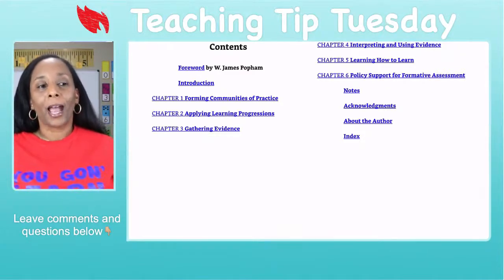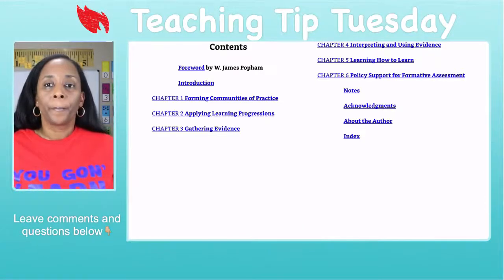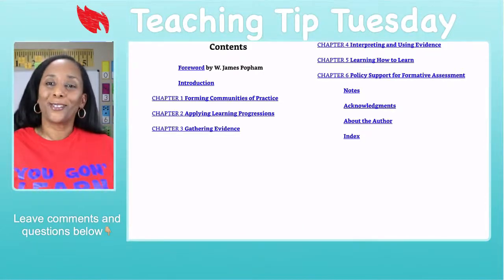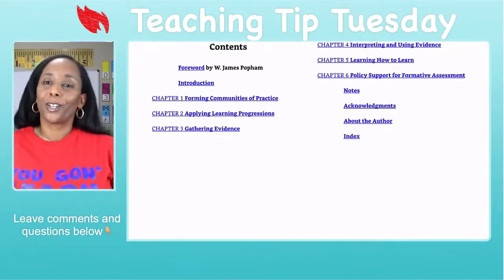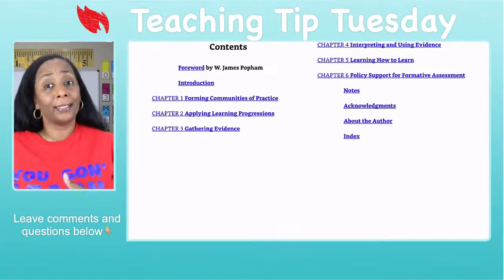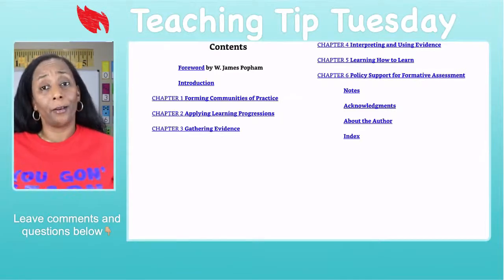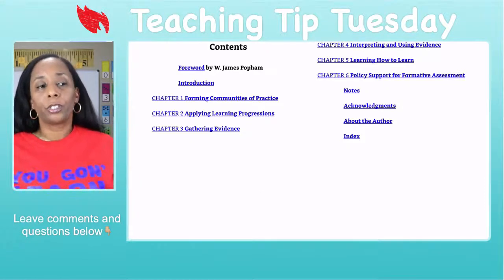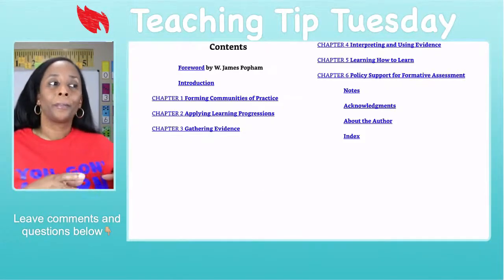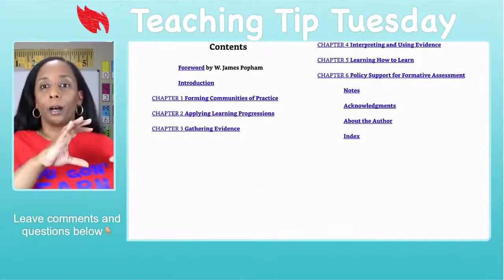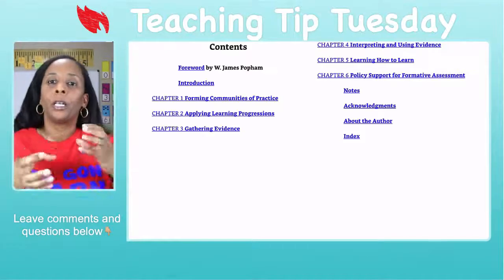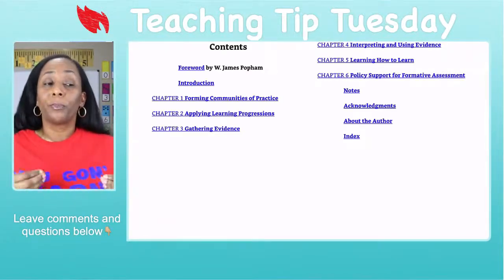The funny thing is, while I was reading this book, it talked about standards versus learning progressions, and it taught me something new as well, because I use the standards to guide the way that I put lessons together with my students.